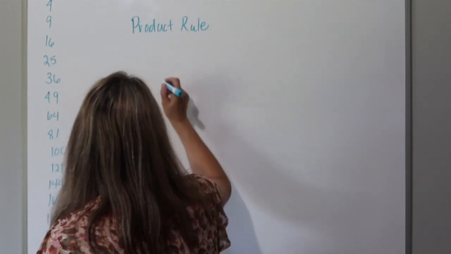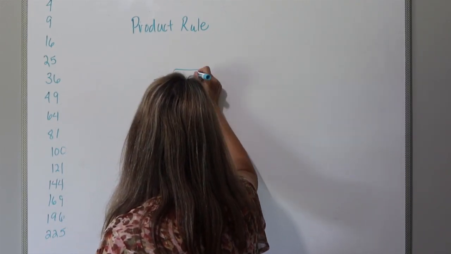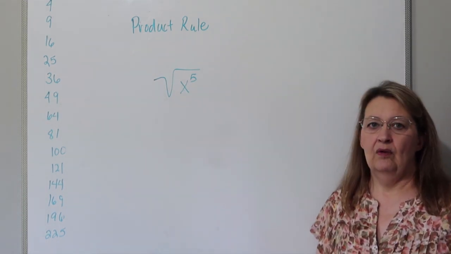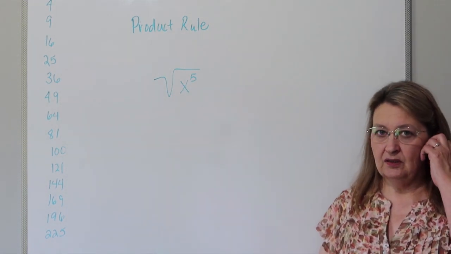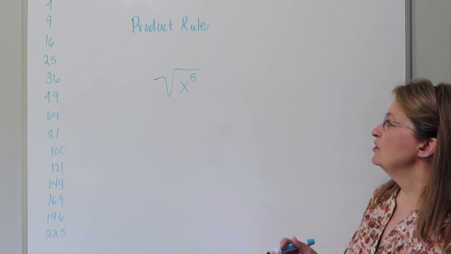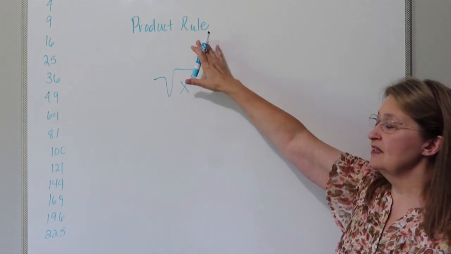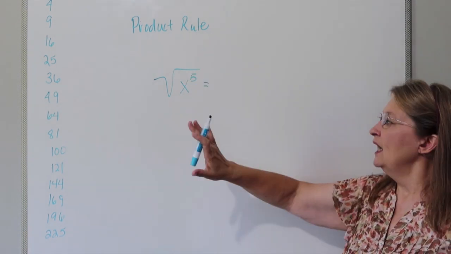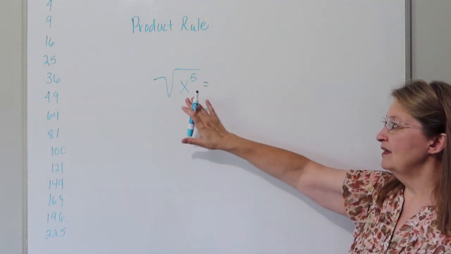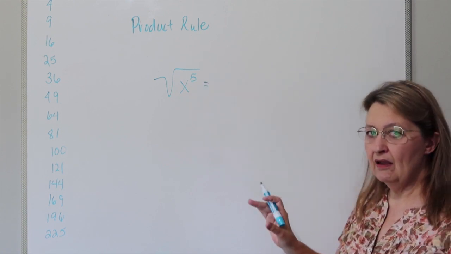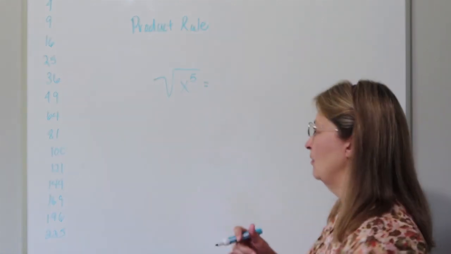But let's look at what happens if I want to take the square root of x to the 5th. Well, you could put 5 divided by 2, but that's not going to help much. So to simplify, we're going to do this the same way we just did the product rule. If I can put this as a perfect square times something else, then I can simplify it some.